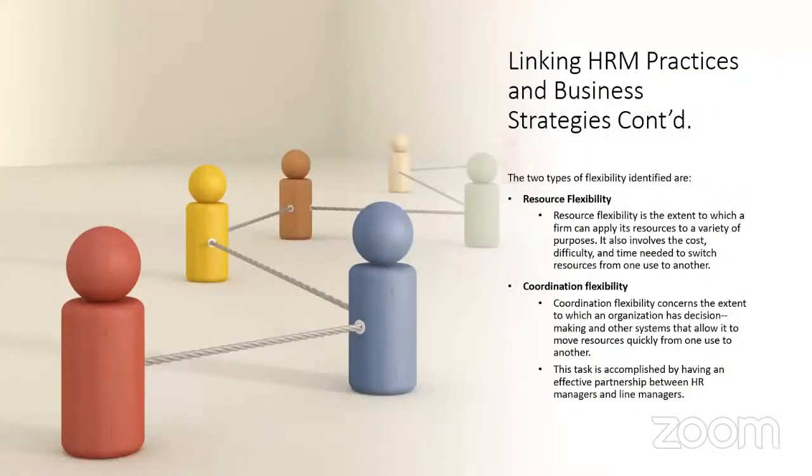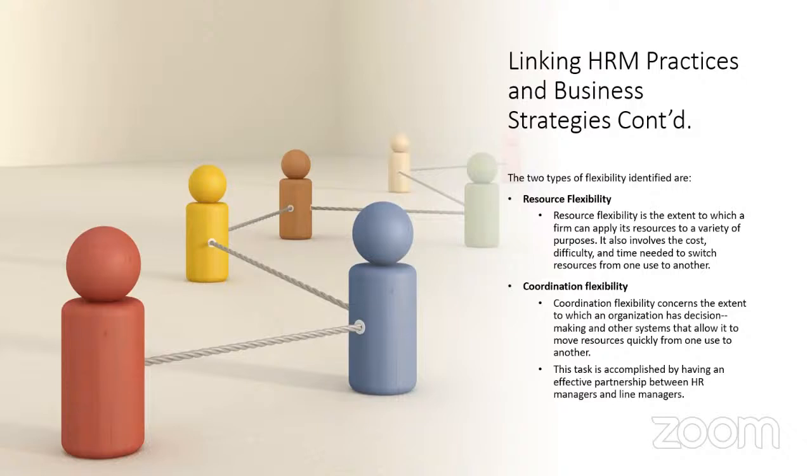Still on linking human resource management practices and business strategies. We have two types of flexibility. I've also mentioned this before. We have the resource flexibility. That is the extent to which a firm can apply its resources to a variety of purposes. It also involves the cost, difficulty, and the time needed to switch resources from one use to another.